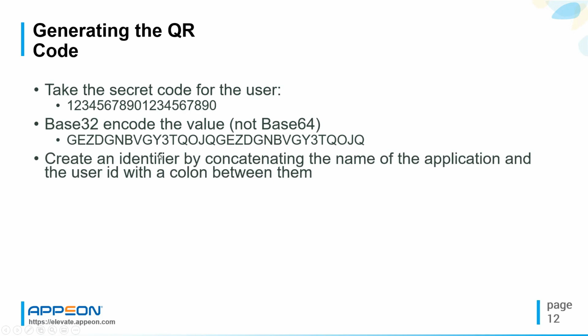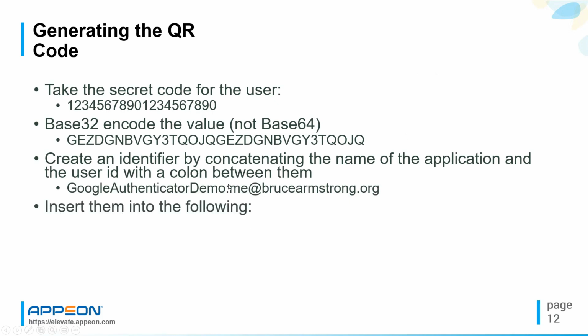Okay. Then we're going to create an identifier by concatenating the name of the application, a colon, and then the user ID. So in this case I called the application Google Authenticator Demo, a colon, and then my email address is what I'm using for my user ID. Then I insert them into the following string.